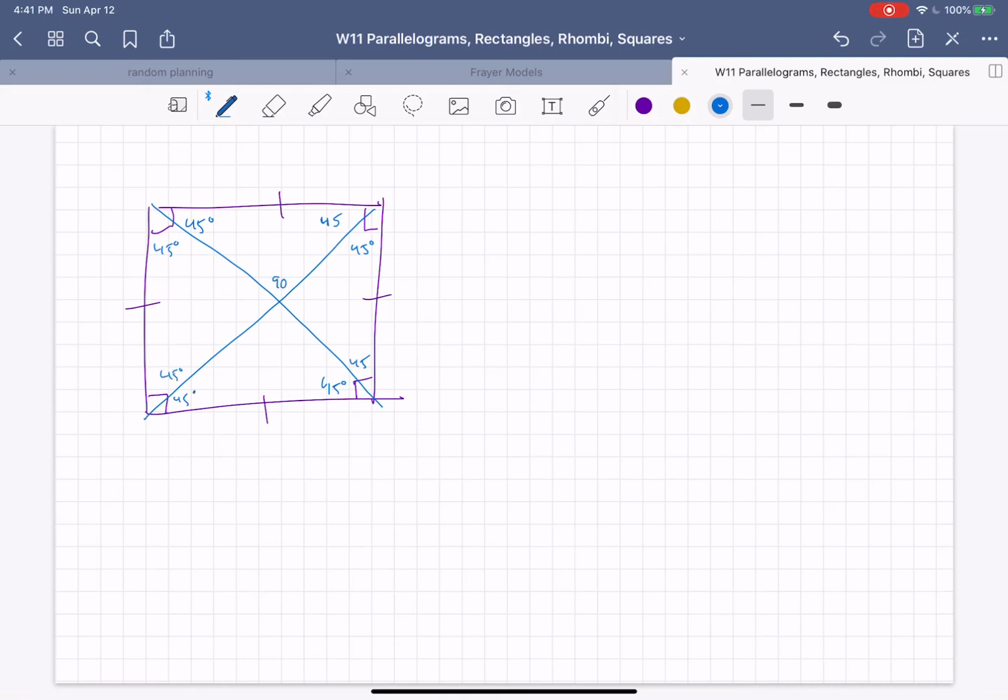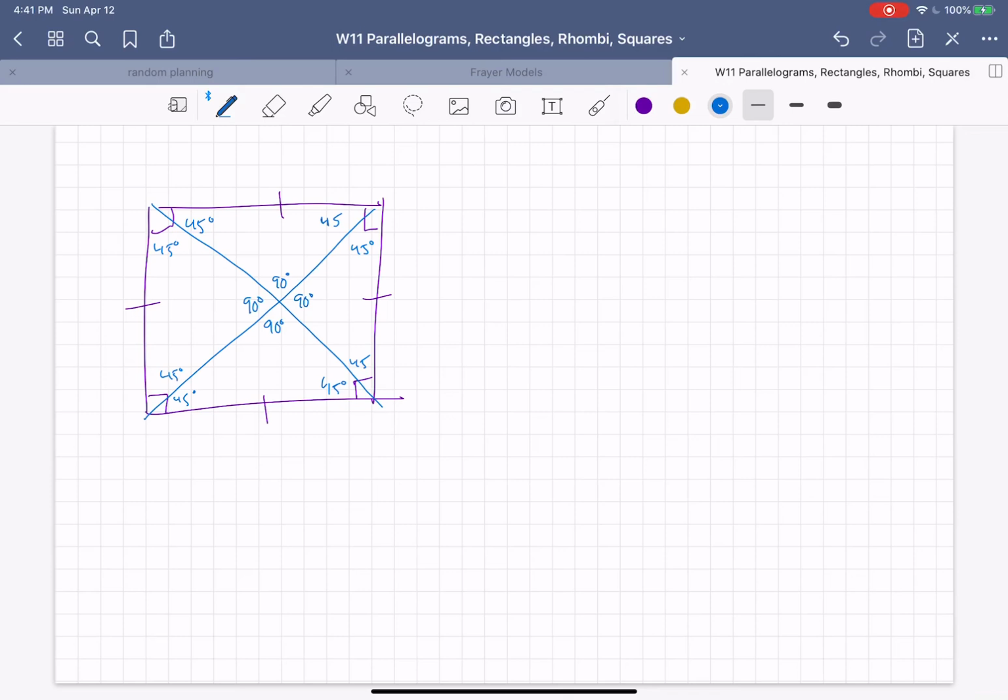We know that these in here are 90 because it's a rhombus, so the diagonals are perpendicular. We have all this information because it's a square. All this information is already true about it, no matter how big the sides are.